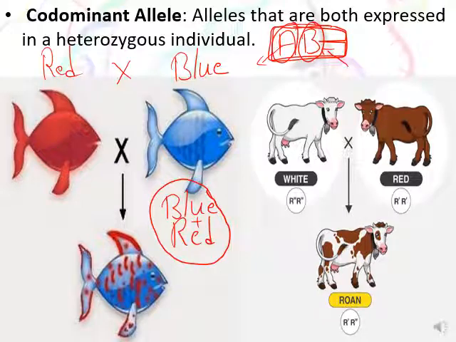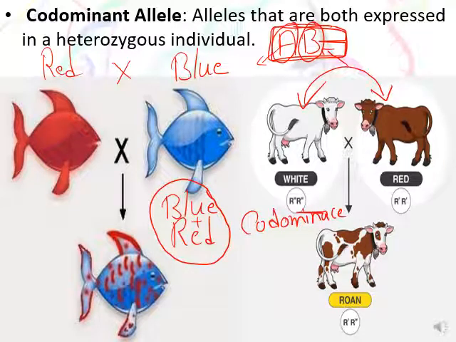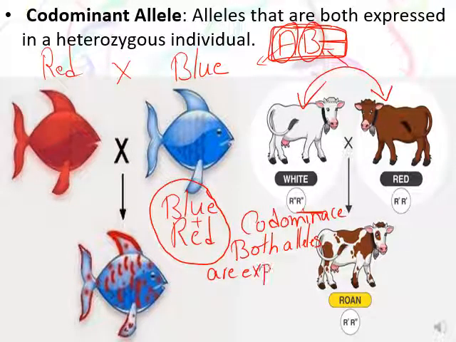So this is the case of codominance, where both of them are expressed. Here we have white and brown. They are crossed and they give white and red, let's say. So they give both colors, the white and the red are expressed, or the white and the brown are expressed. So this is the case of codominance. What is the meaning of codominance? Both alleles are expressed.